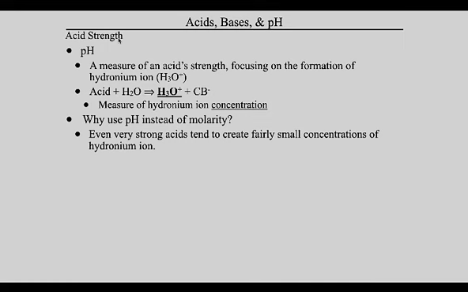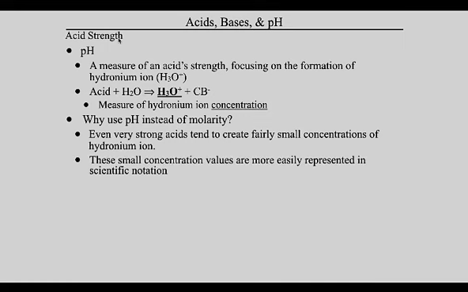It doesn't take a lot of hydronium ion to mess you up. So here's the problem. These really small concentrations end up being weird decimal numbers, 0.000001 molar. And those numbers are a pain in the butt to write down.